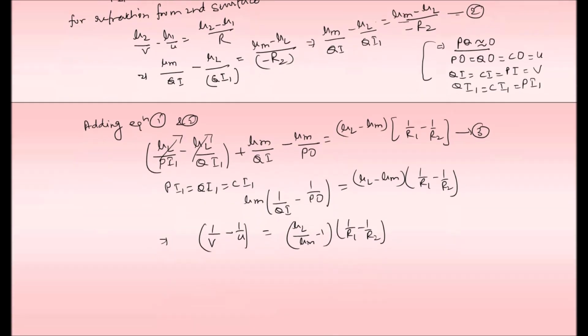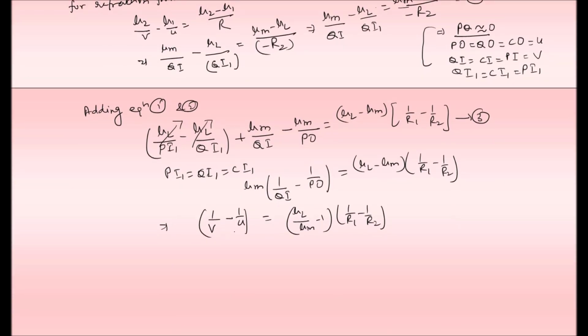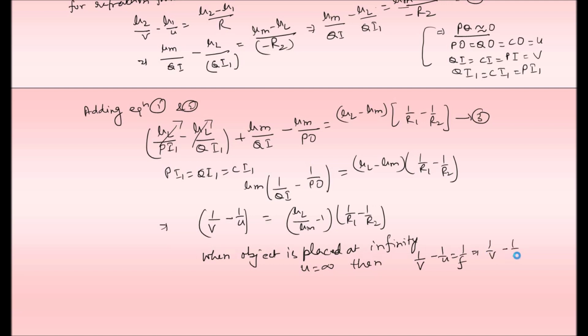Now we'll see a case when the object is placed at infinity. So when the object is placed at infinity, that is u is equal to infinity, then we know by the lens formula that 1 by v minus 1 by u is equal to 1 by f, so 1 by v minus 1 by infinity is equal to 1 by f, and from there we get v is equal to f.